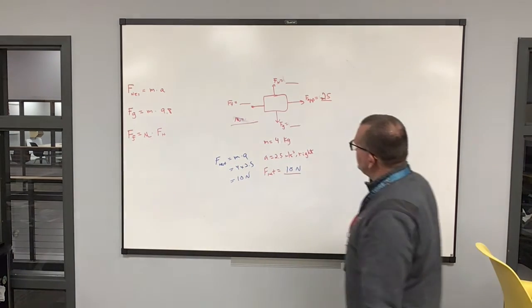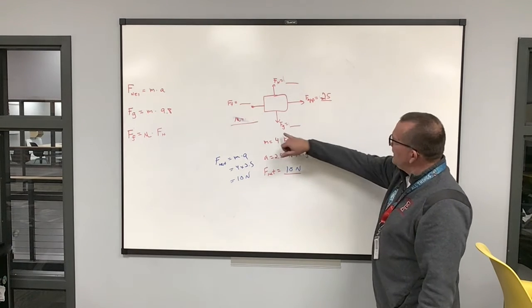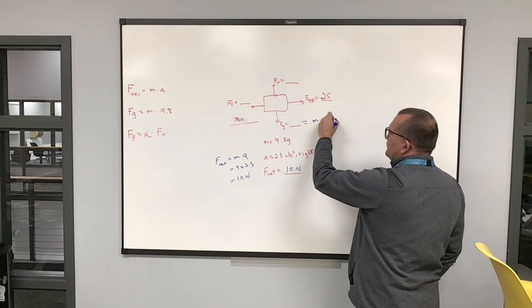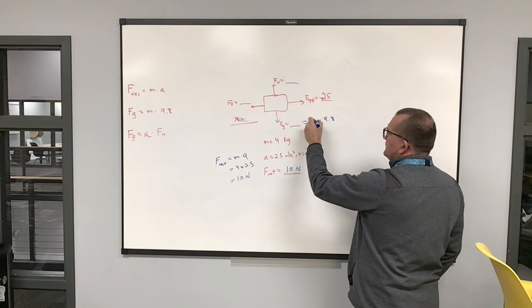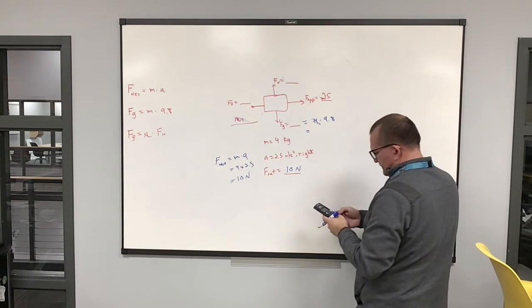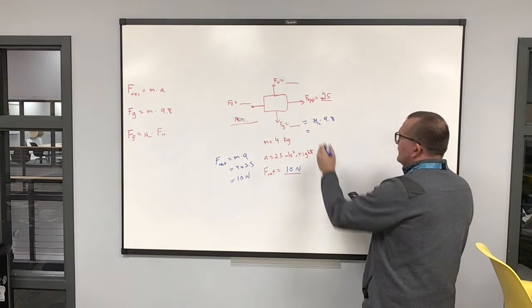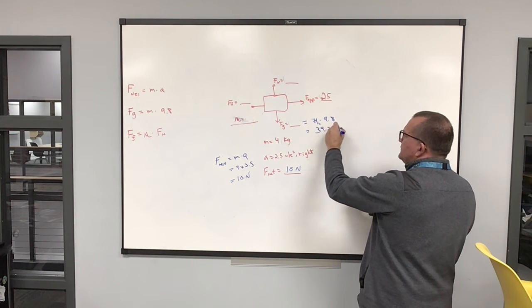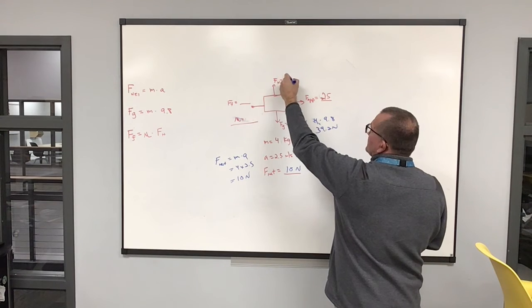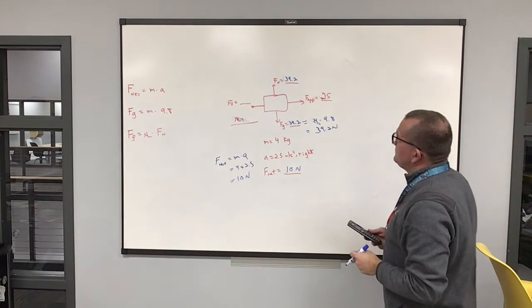So my net force is 10 newtons. I can find the force of gravity. That's equal to m times 9.8. My mass is 4, so 4 times 9.8, 39.2 newtons, which means my normal force is 39.2 newtons.